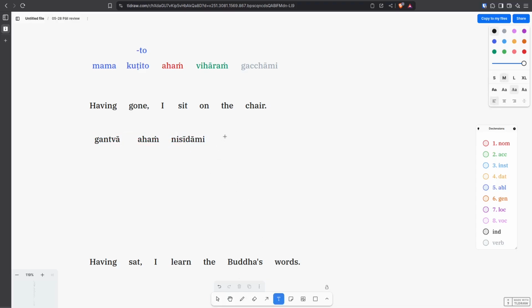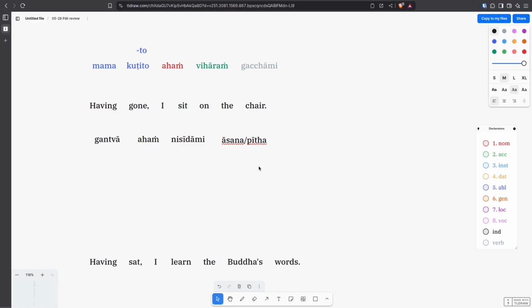And the chair could be asana or it could be pita, but we have to put this in the locative. Right. Okay. So because we are sitting on it, how would you put this in the locative then? With the tva? No, not the absolutive.